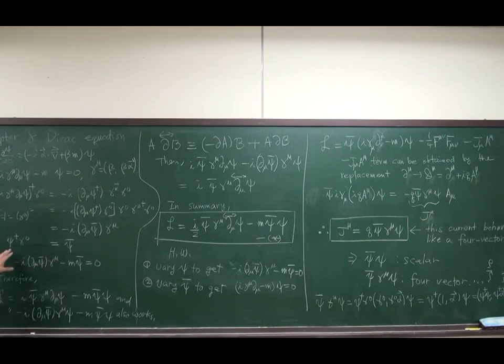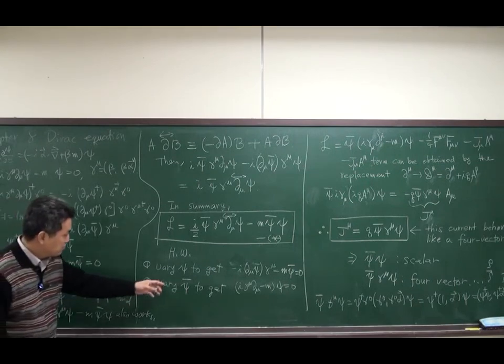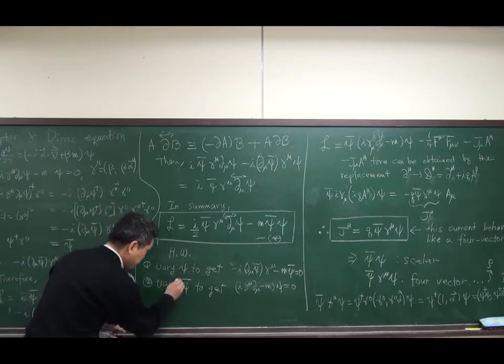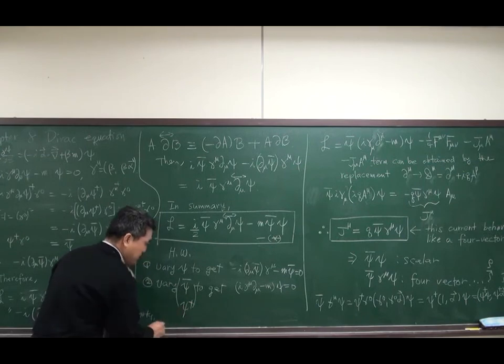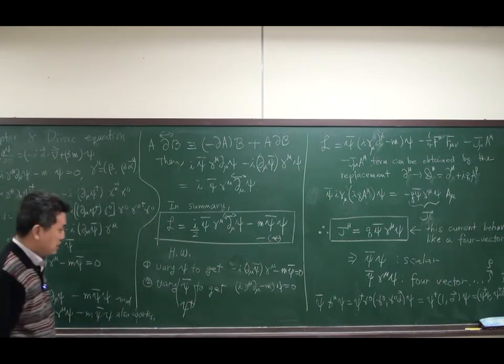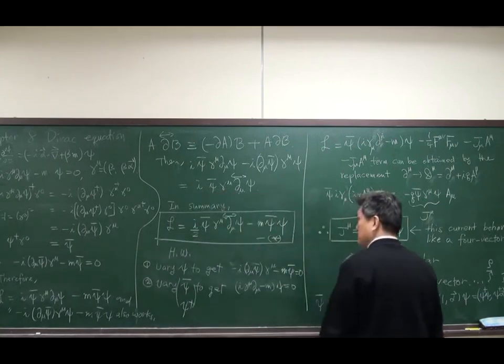So you do not have to vary psi dagger. You can directly vary psi bar. So that is another homework. Variation of psi bar and the variation of psi dagger both give the same result. And that is the Dirac equation. Okay?